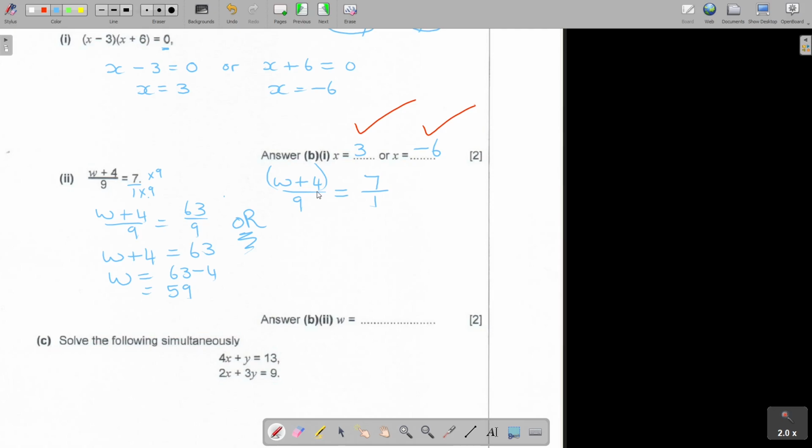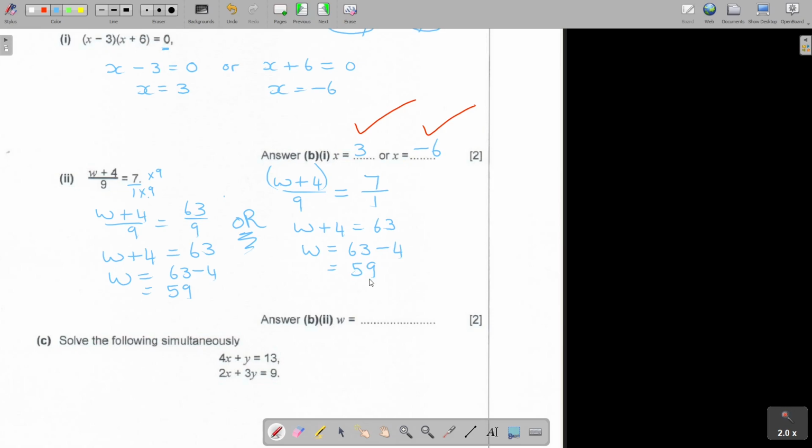So basically, you can say W plus 4 times 9, and 9 times 7 is 63. And then I get that W is 63 minus 4, and that is going to be equal to 59.